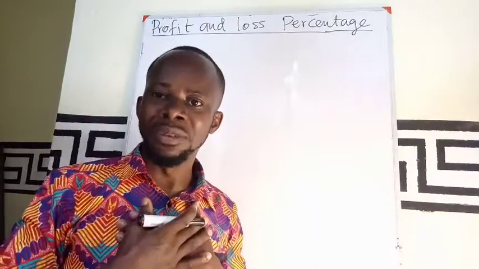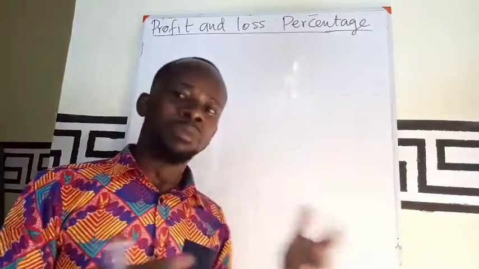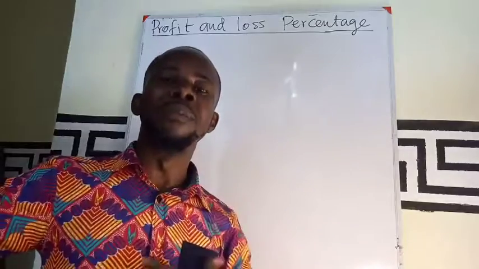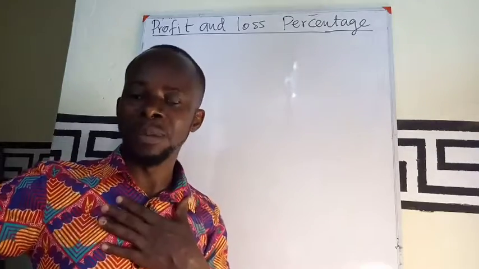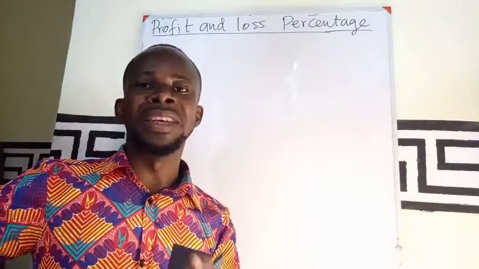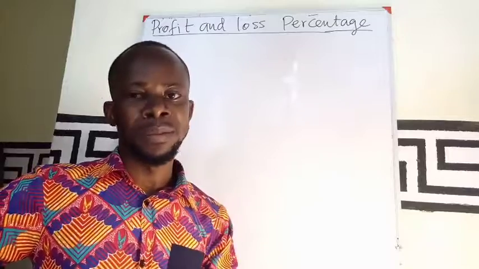The money I have is the cost price. What I will realize from the business transaction with that money becomes the selling price. So if I make a profit, is it on the money I have, which is the cost price, or the money I realize after selling? You can see that the money you gain as a profit is gained on the cost price.